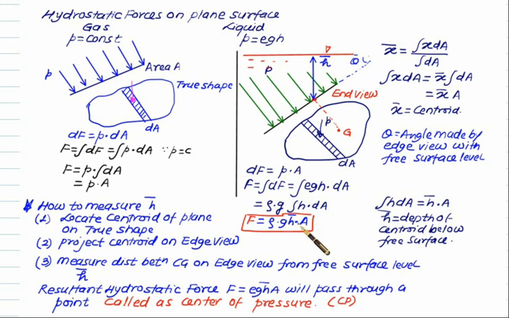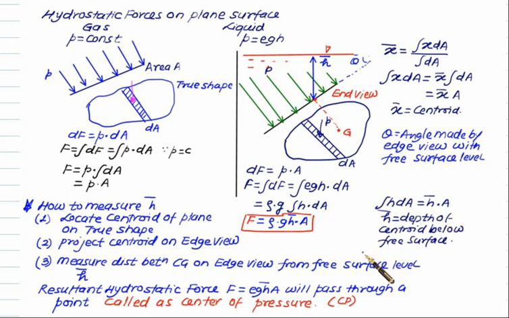Here rho and g are assumed constant, so we are left with h dA. Using the standard definition of centroid, x bar is equal to integral of x dA divided by A. Using the same concept, integral of h dA equals h bar into A. So this integral h dA can be replaced by h bar multiplied by area.